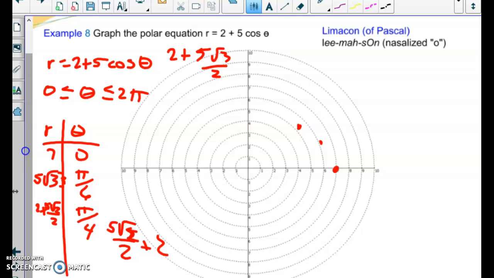And just for the fun of it, let's go to pi over 2. The cosine at pi over 2 is 0. 5 times 0 gives me 0, and so I get 2.